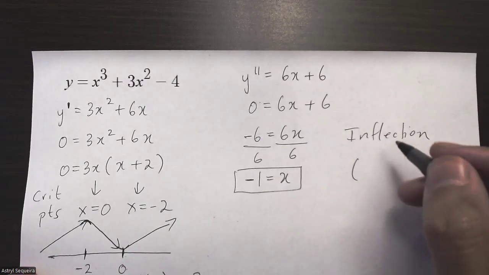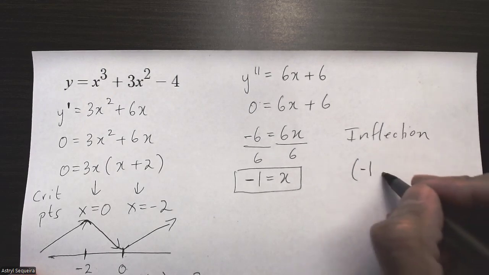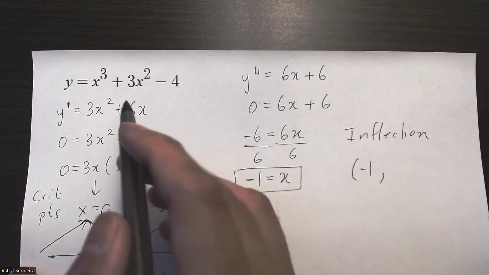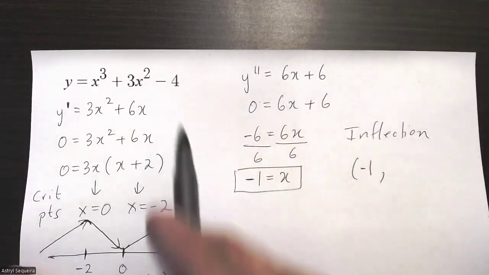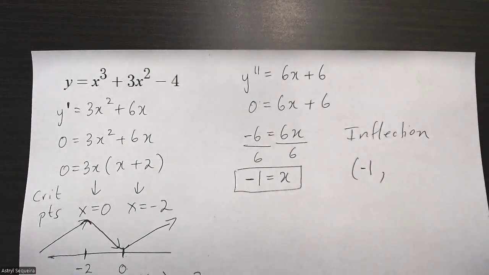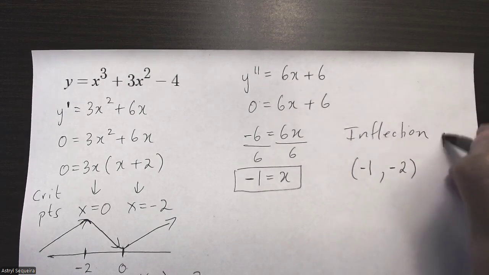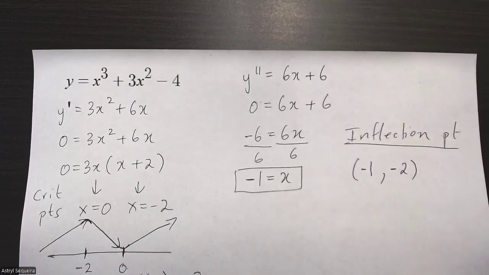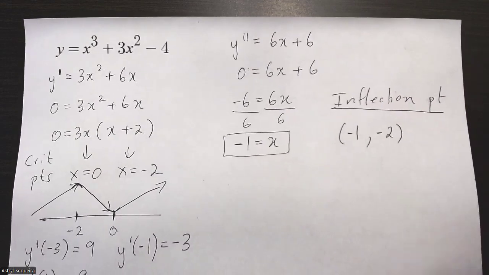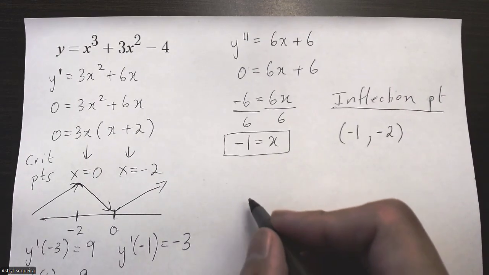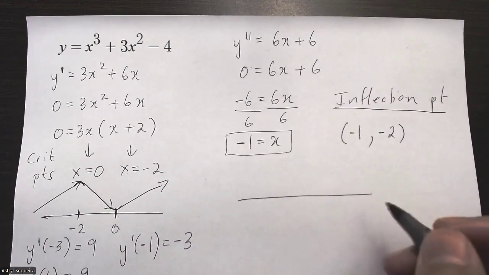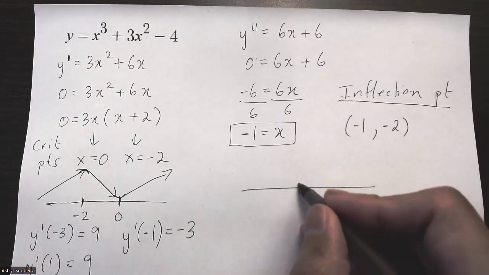The x value is -1, and to find the y value, I've got to sub that back into the original equation. So again, I will do that in my calculator and get a y value of -2. So that is my inflection point. Once I get my inflection point, I'll do a number line to find my intervals of concave up and concave down.